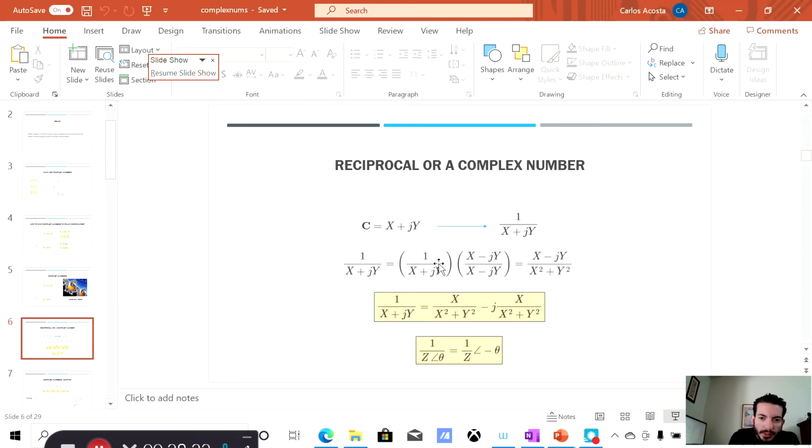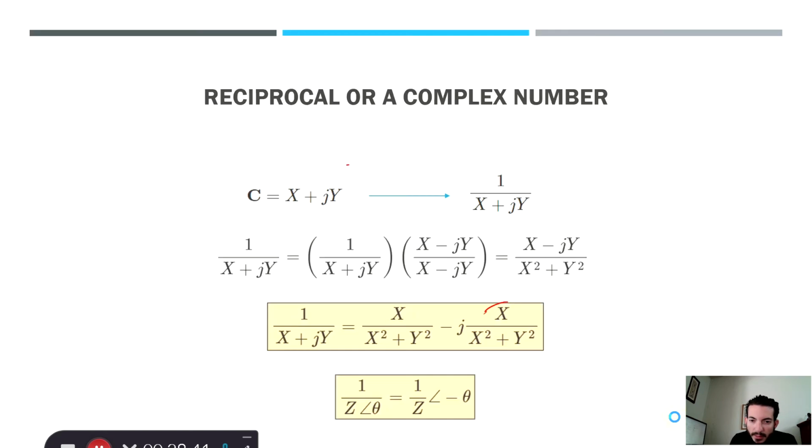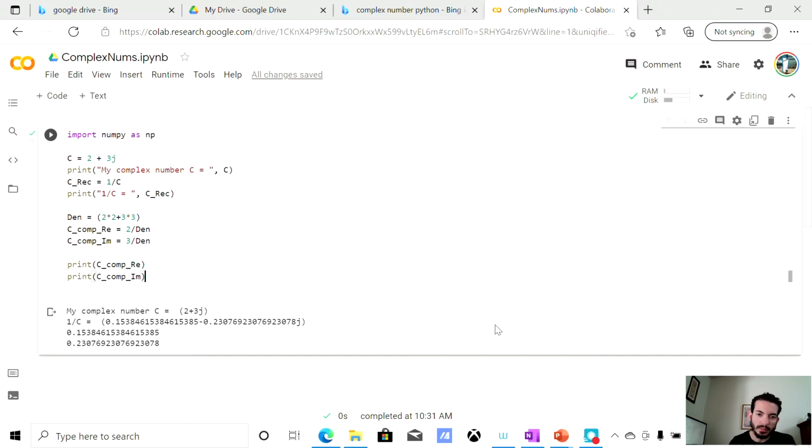What we need to do is x divided by x squared plus y squared is the real part, and the imaginary part, again, I don't understand why this is here. This is another typo with y, so this part is correct, but this part is not. This is y divided by x squared plus y squared.